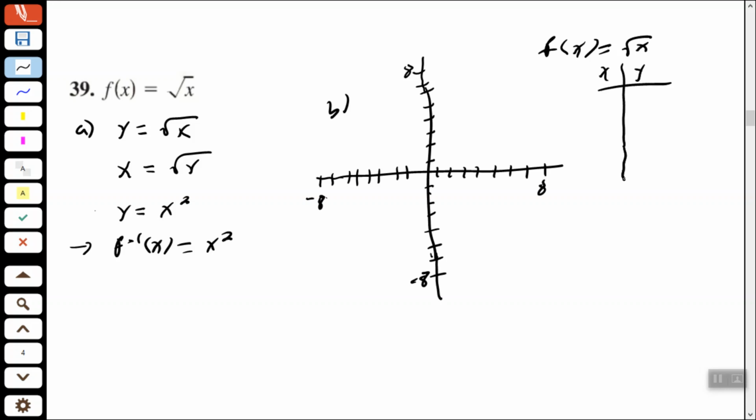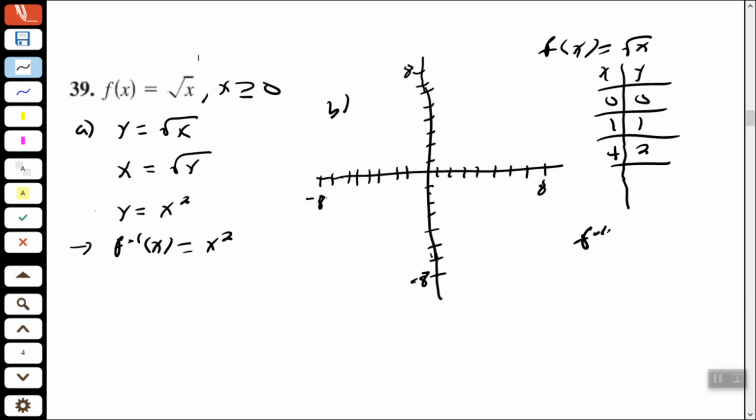So my domain, now remember we cannot take the square root or even root of a negative number. So my domain here has to be where x is greater than or equal to 0. So I can start with 0 and get 0, 1, 1, 4. The square root of 4 is 2. And that's pretty good there, I think.